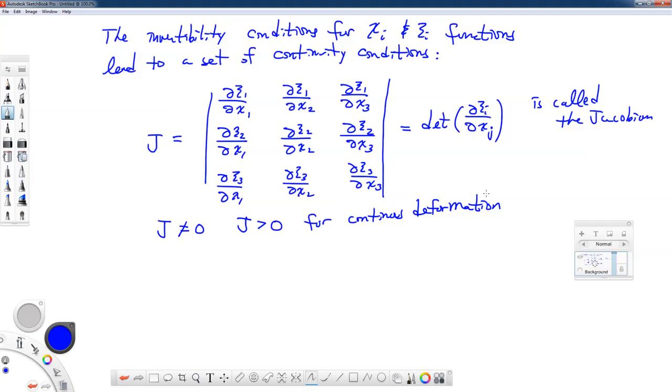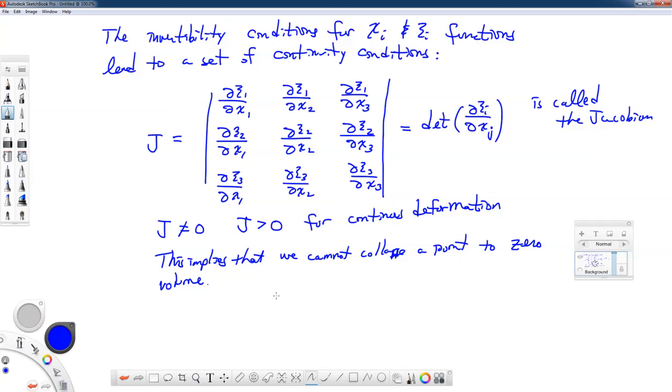Well, this says that we can't take a single point and collapse it so that it has absolutely no volume around it. Now in finite elements, where you may see this come about, if you have a three-dimensional element, you can't collapse that three-dimensional element into a zero volume either. So the Jacobian is a pretty quick check whether or not that is occurring and causes any numerical problems.